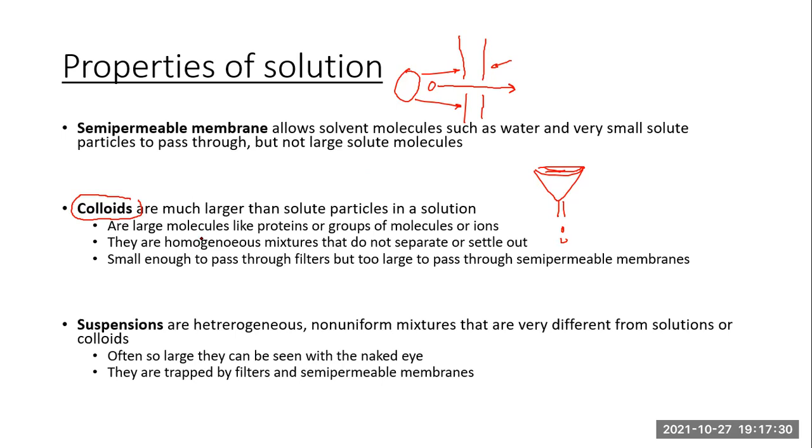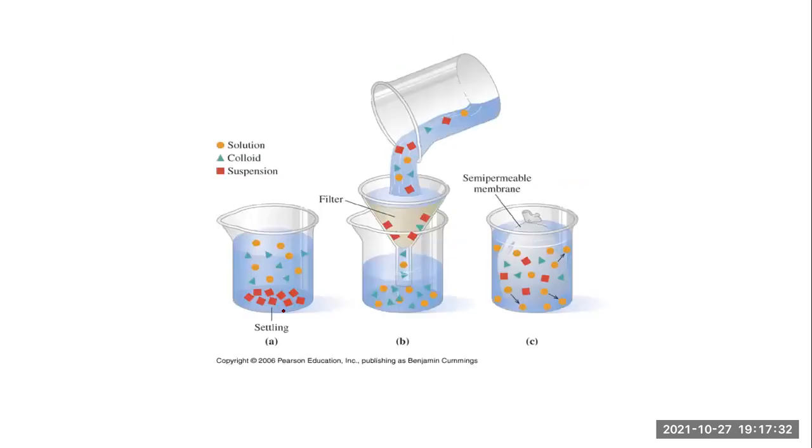So here's a picture of that. Our suspensions, which are the little red squares there, will settle out, whereas our colloids and solutions will still float around in the solution. If we were to filter it through a piece of filter paper, the solution and the colloids are small enough to go through the filter paper, but it will catch our suspension.